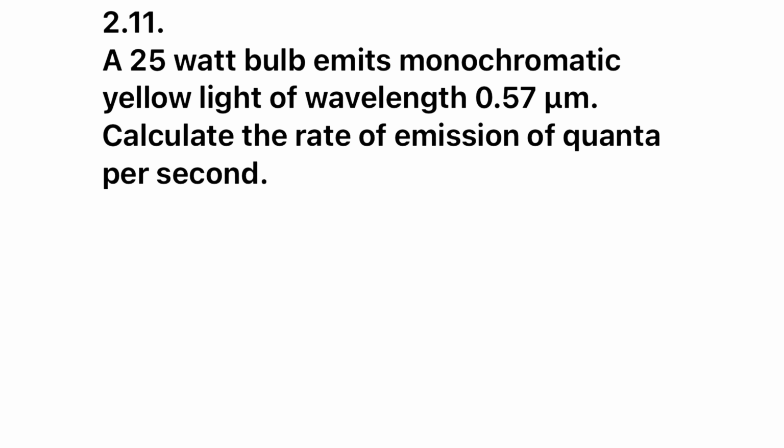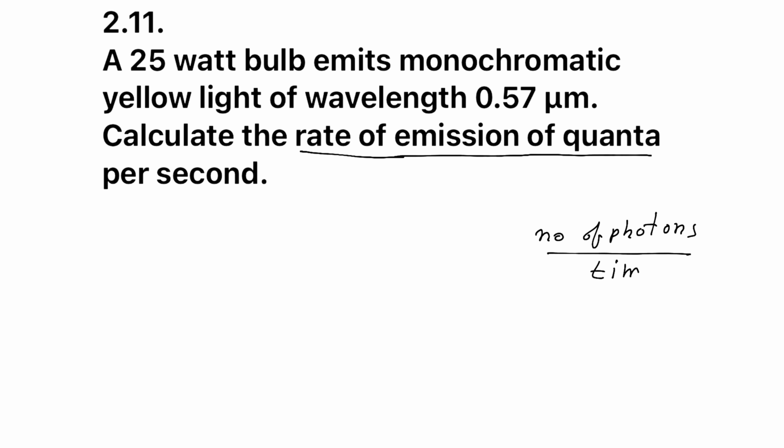A 25 watt bulb emits monochromatic yellow light of wavelength 0.57 micrometer. Calculate the rate of emission of quanta per second. See, first of all, what we have to find? Rate of emission of quanta means rate of emission of photons, which means we have to find the number of photons per second.